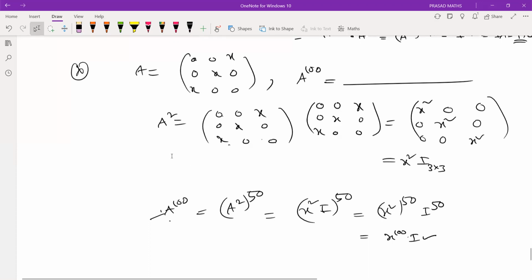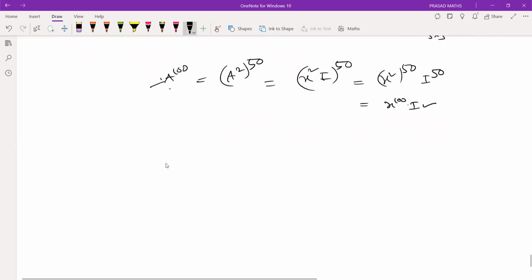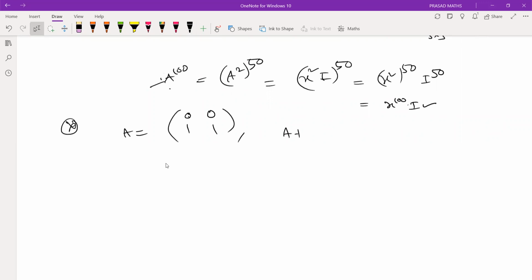Right? Suppose you are given A equal to 0, 0, 1, 1, like this. You are asked to compute A plus A square plus A cube, going on to A power n. What is the answer? What is the trick? You need to compute A square and A cube.